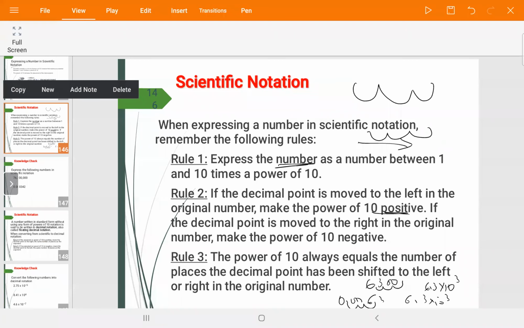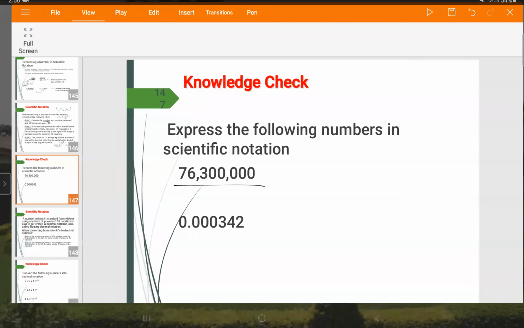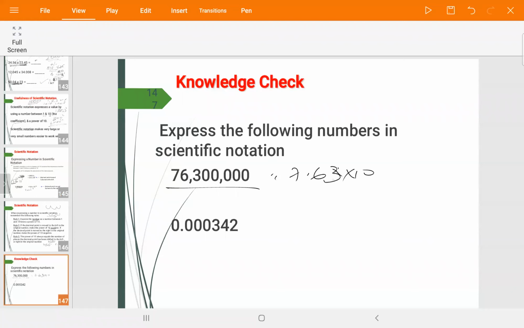Now let me give you something to exercise. Who can express the following numbers in scientific notation? Very simple, quickly. The first one: 7.63 times 10 to the power of 7. 7.36 times 10 to the power of 7, exactly. Here, 1, 2, 3, 4, 5, 6, 7.